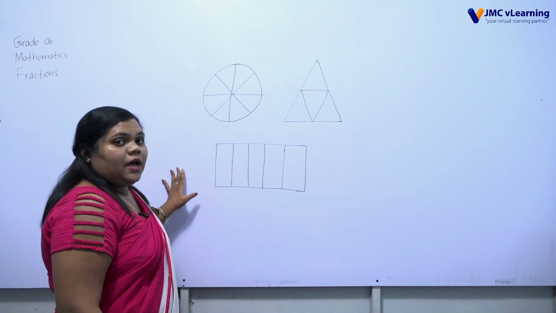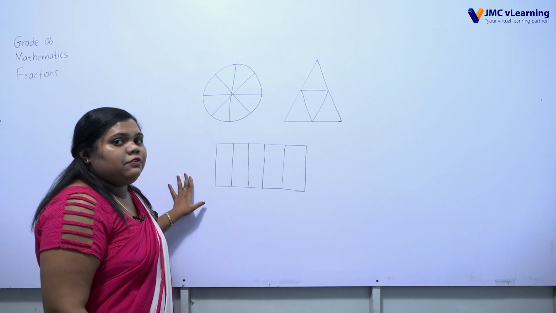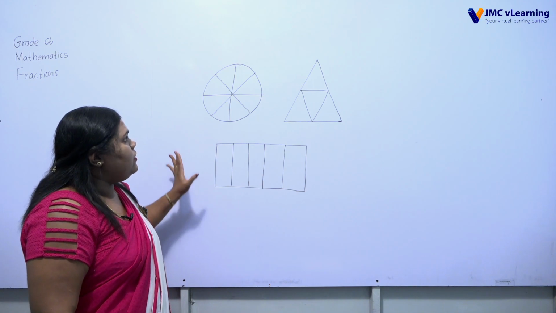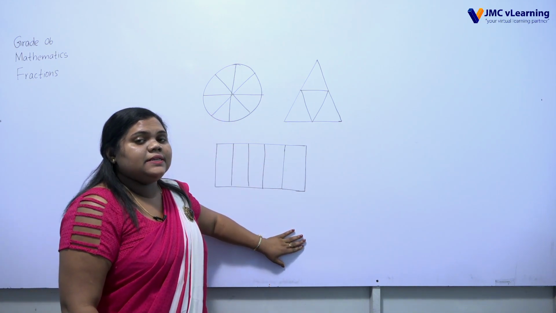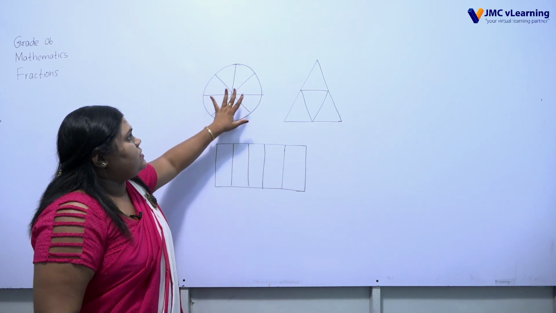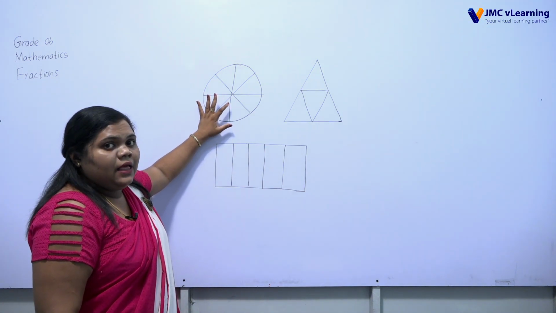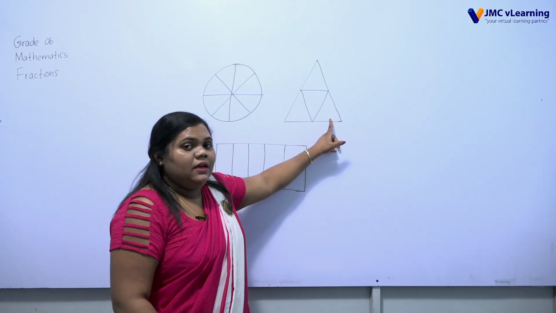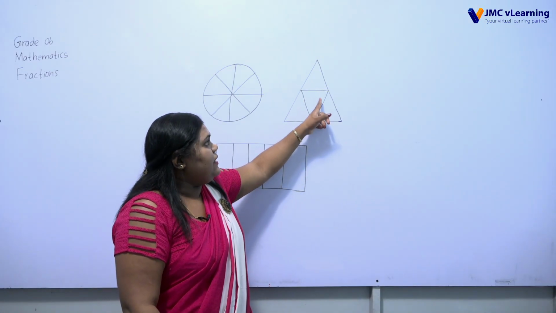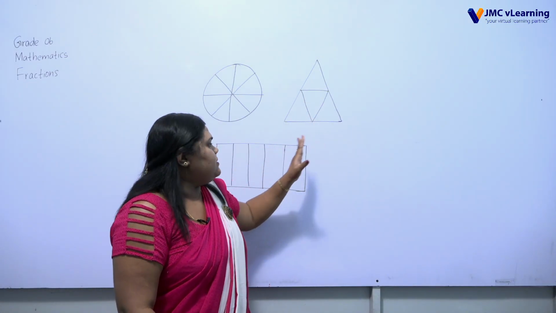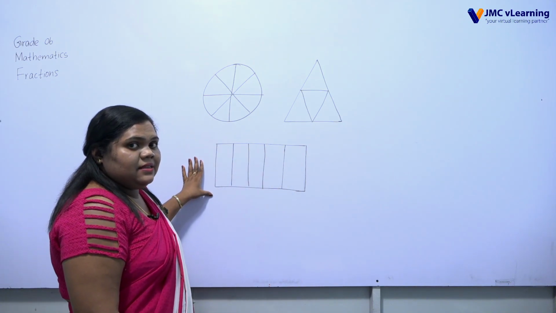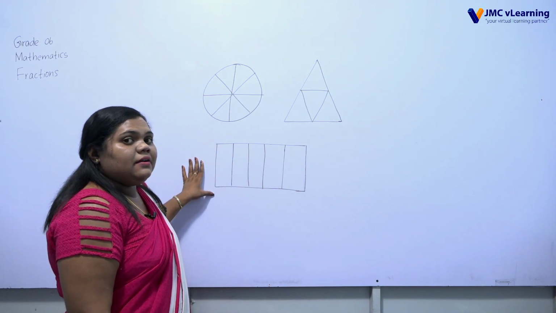Okay, children. Now we are going to find the definition of fractions. Can you see these pictures? Now this is a whole one and I have divided it into 8 equal pieces. This is a triangle. I have divided it into 4 parts. What is this? Yes, this is a rectangle.